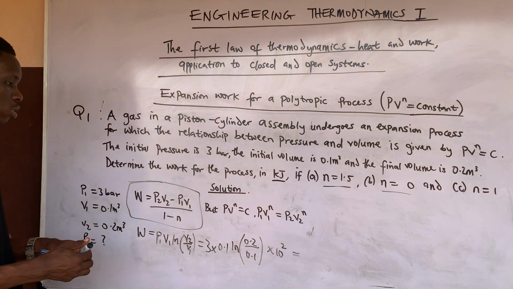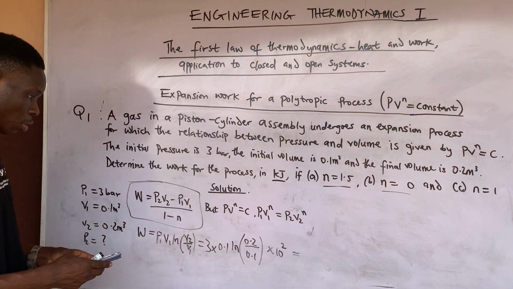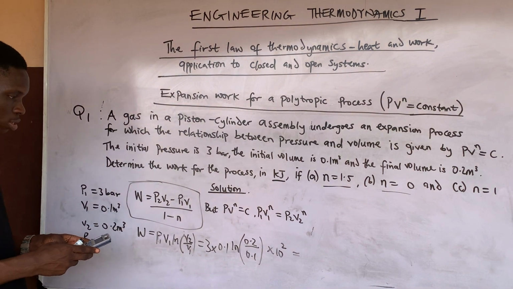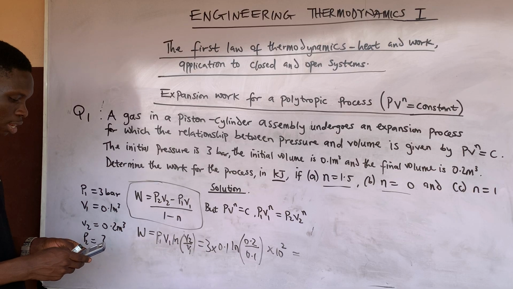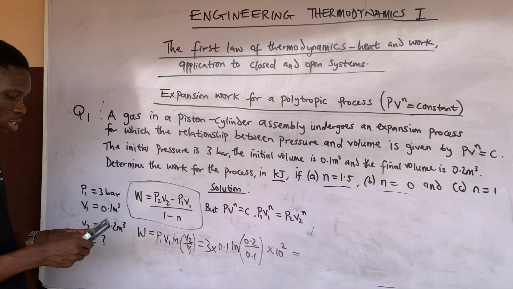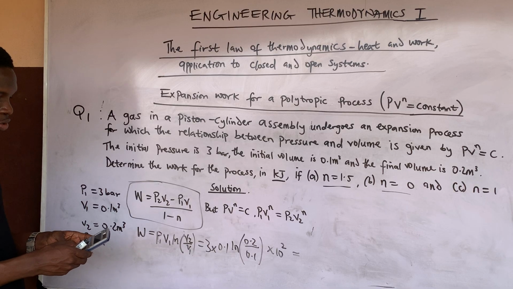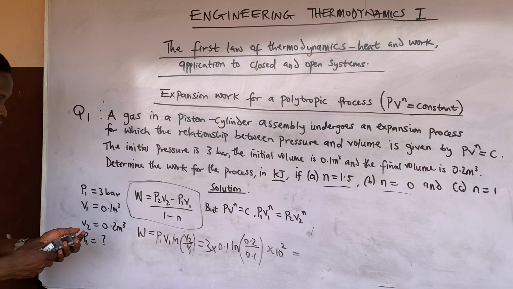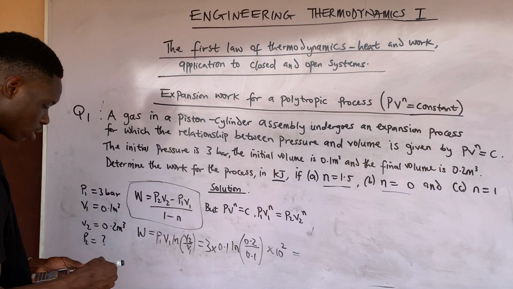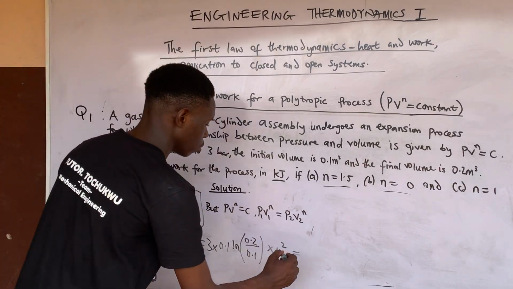So we have 3 multiplied by 0.1 ln of 0.2 divided by 0.1, all multiplied by 10 to the power of 2. We have 20.79 kilojoules.